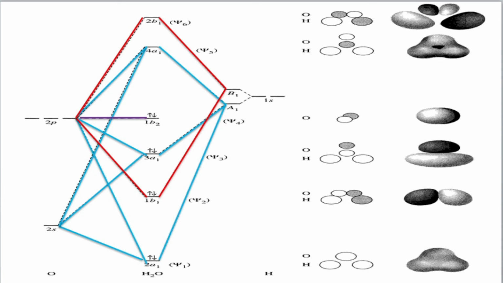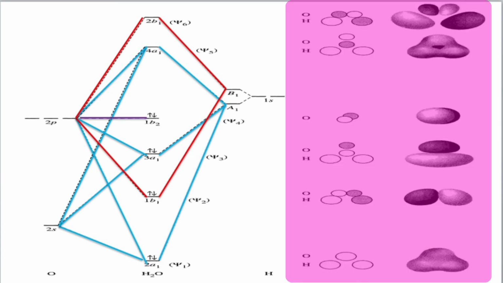It's the MO diagram for the water molecule, meaning how symmetric interaction occurs. Now the concept may be clear to you. It is after all an application of mathematics, application of group theory to chemistry. Pictorial presentation of various molecular orbitals is on the right side. I hope this MO diagram for the water molecule is clear to you.